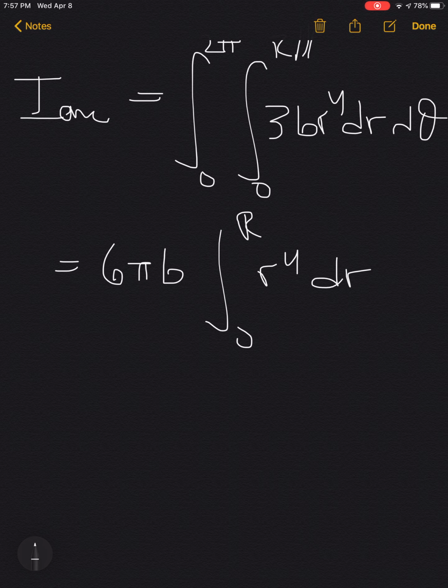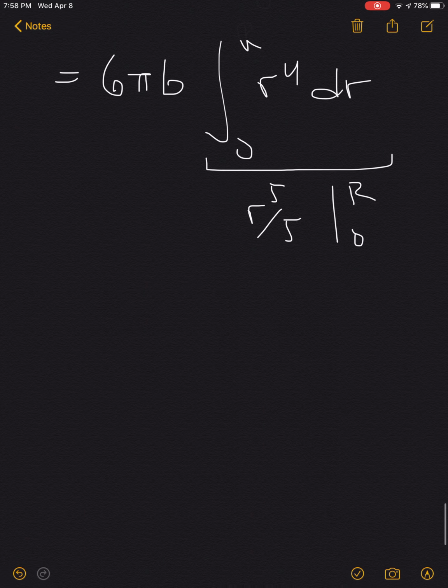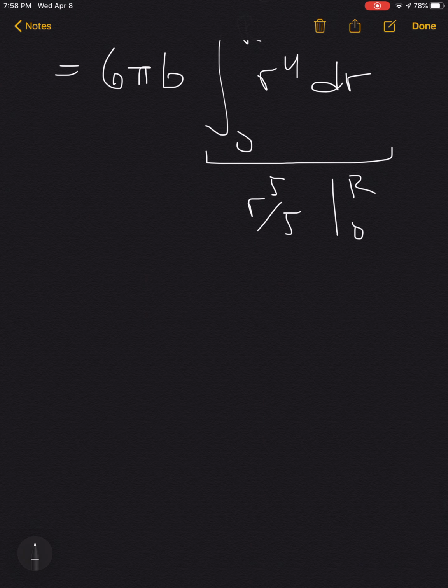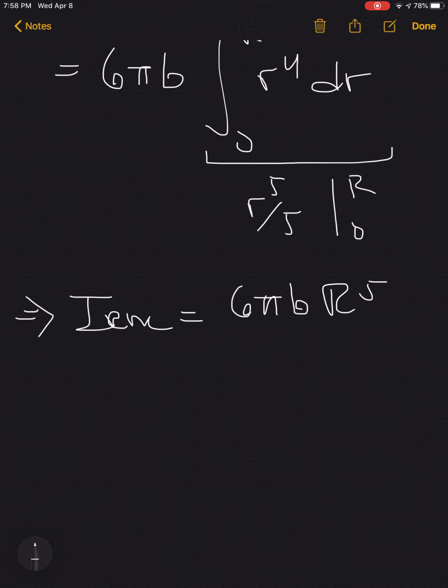Okay, so we can compute this integral the same as we did before. This is going to be r to the fifth over 5 evaluated from 0 to r this time, which is just capital R to the fifth over 5. So let's skip to that. We have that I enclosed equals 6 pi b R to the fifth over 5.